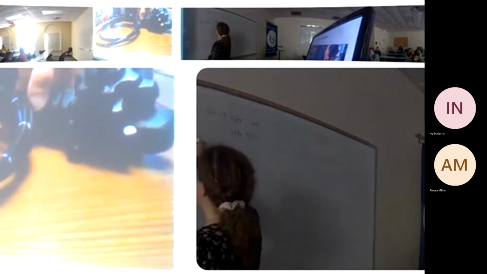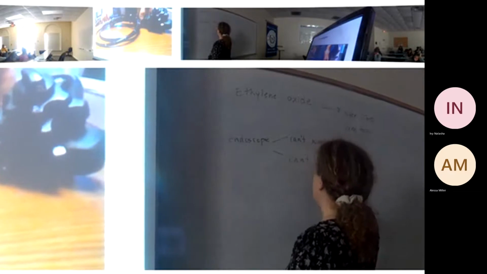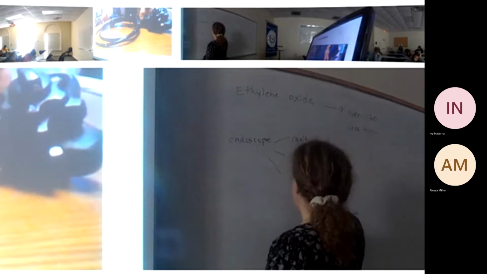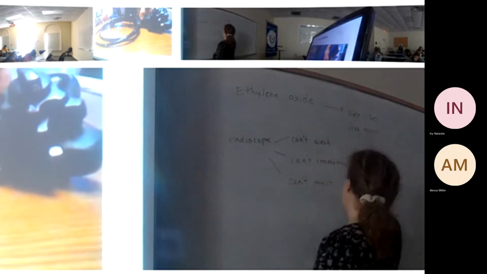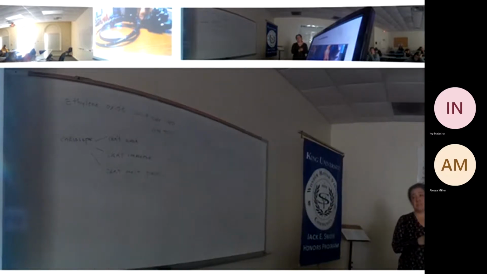So something like an endoscope, you can't wash it, you can't immerse it in anything, and you can't even get it that hot because it would melt the plastic components. But you're sticking this into human bodies that have a lot of microbes and cells and secretions and so on.